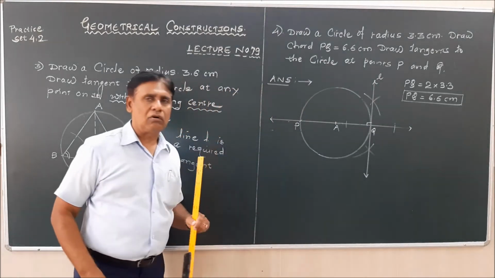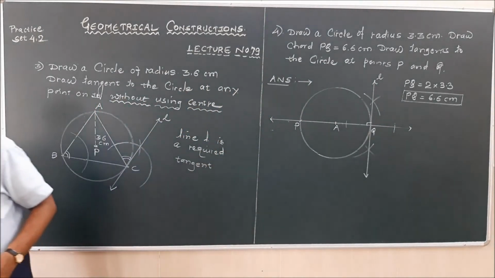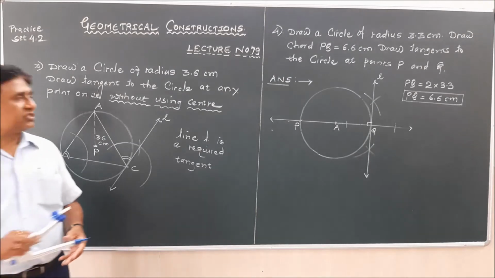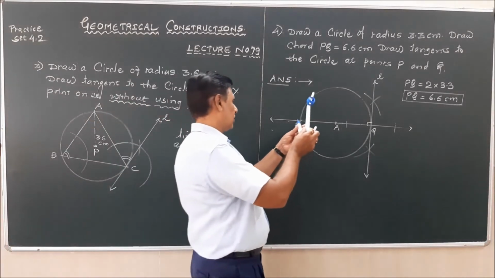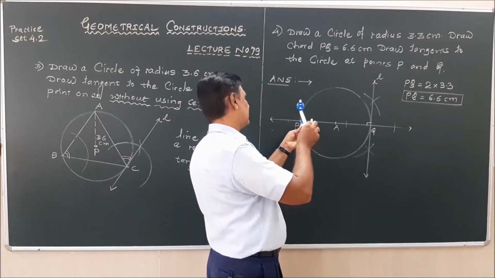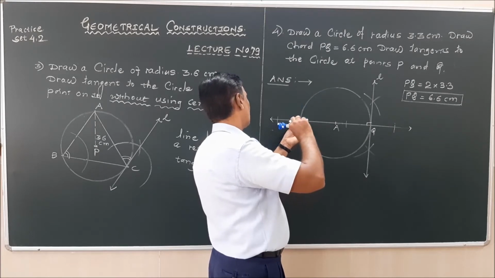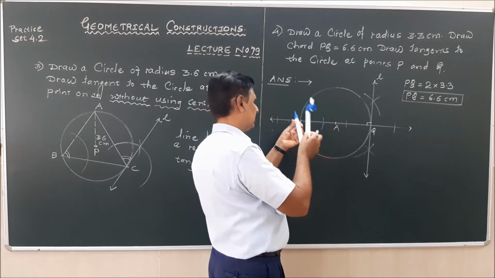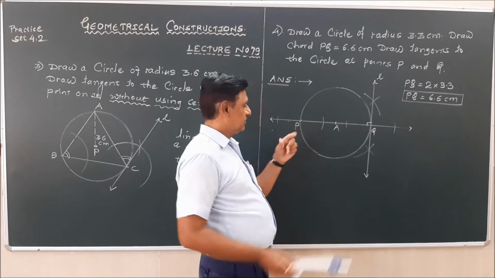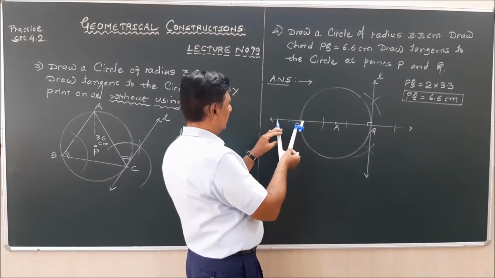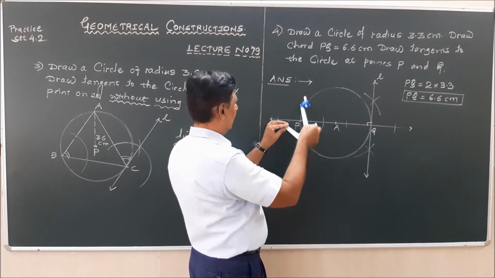Now I am going to draw the tangent at point P the same way. The procedure is the same. Place the middle point on P because I have to draw the tangent at P. Draw two arcs on both sides of it. You will be getting a segment. Place the middle point over here. Take a distance more than half.